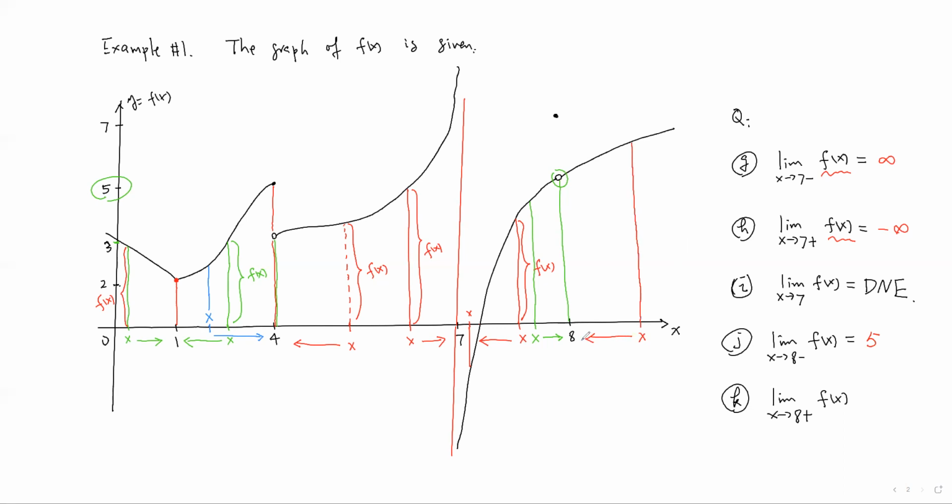As x is closer and closer to the point 8, this height is closer and closer to the height of this open dot. The height of this open dot is 5. Therefore, the limit is 5. How about the both sided limit?